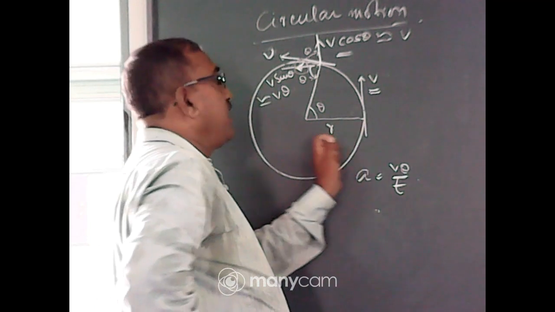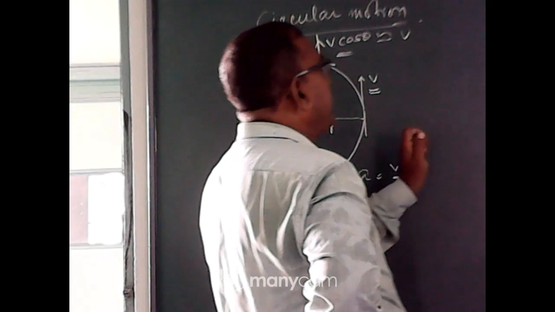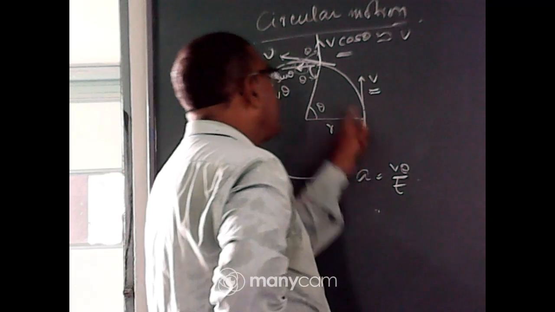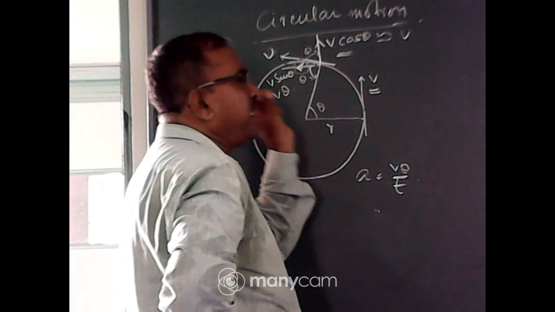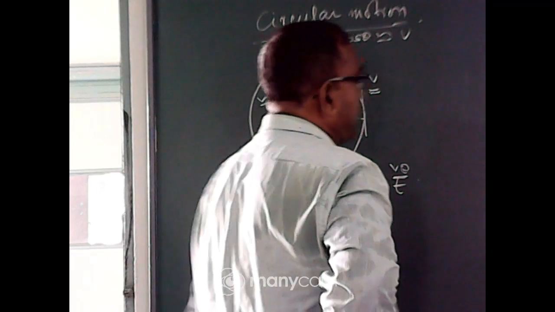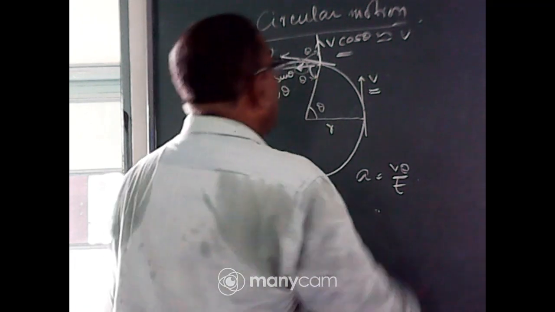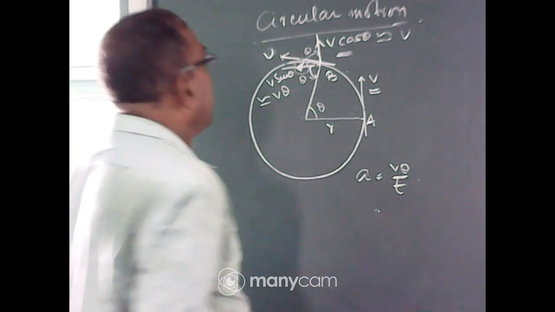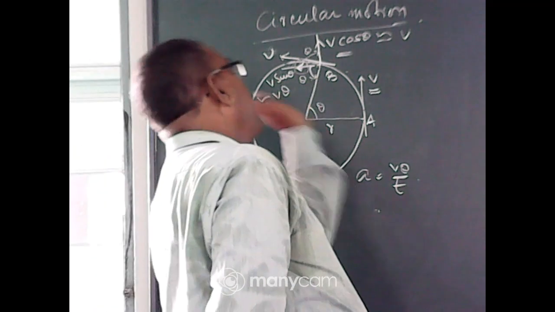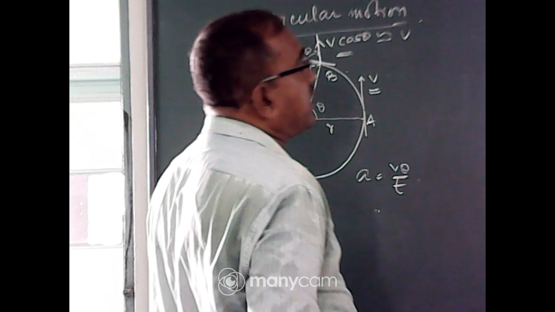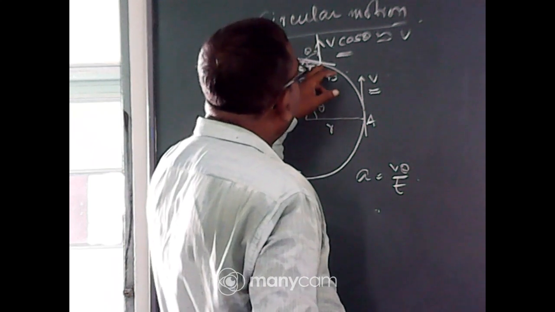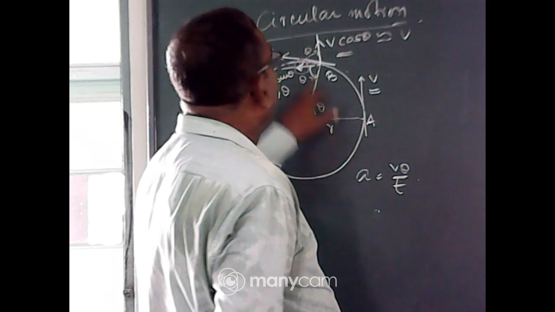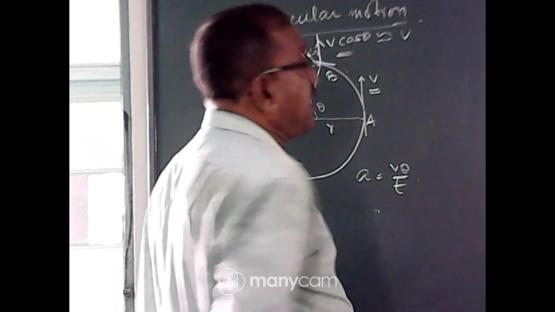Suppose you consider a very small time interval, the particle changes its position from this to that, a very small angular displacement. You check here, the direction of the velocity is along the tangent, and due to the very small angular displacement, you divide that component into two parts.